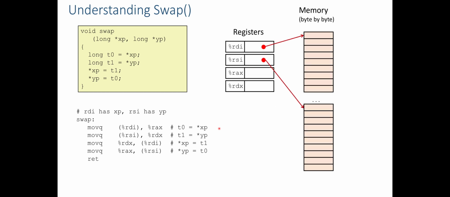And so that's shown in this picture here, where RDI has a pointer, an address in memory where a particular value is located, as does RSI. And so now let's look at a concrete example of this sort of thing. We start with this notion here. RDI has XP, RSI has YP.